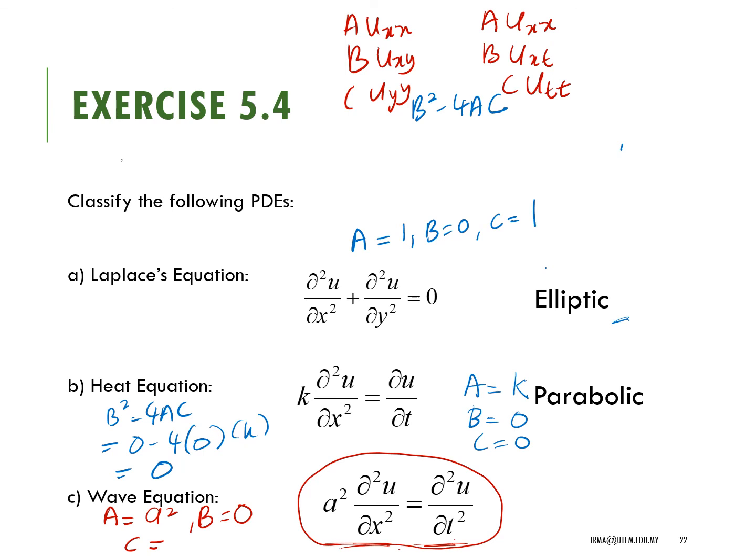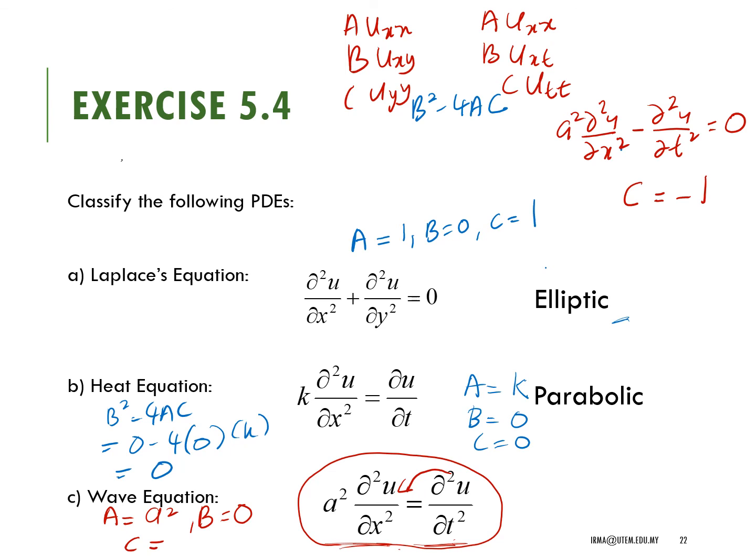But if you look carefully, this is on the right-hand side, so you need to bring ∂²u/∂t² to the left-hand side. The equation becomes a² ∂²u/∂x² − ∂²u/∂t² = 0, and from here C is equal to −1.